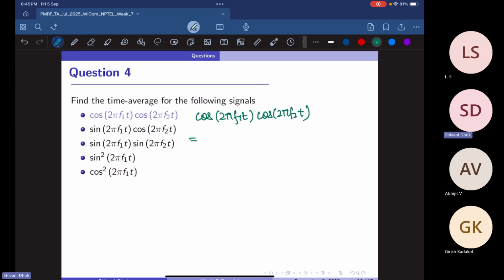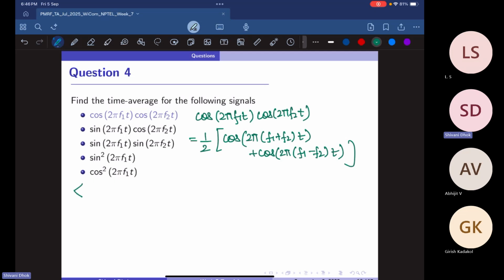You can apply the cos A cos B formula, and we can write this as half of cos of 2 pi (f1 plus f2)t plus cos of 2 pi (f1 minus f2)t. And we want to find the time average of this particular thing.